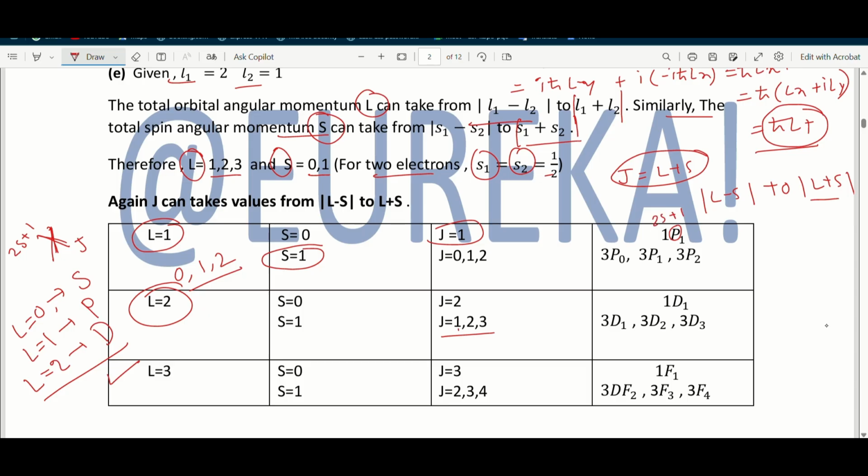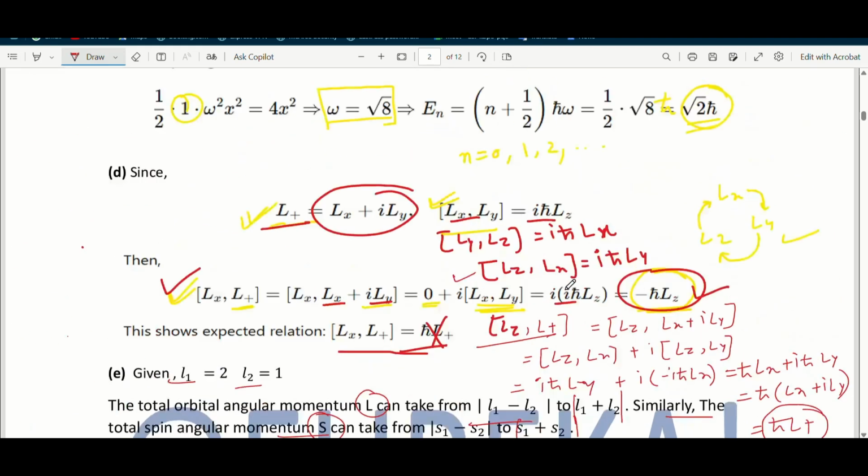S equals 0 here, so 0 into 2 is 0 plus 1, that's why 1 only here, and the subscript is the J value, so J is 1 here. In a similar way we can find the spectroscopic notation corresponding to this L, S and J value. So this will be the probable state corresponding to small l1 equals 2 and small l2 equals 1. Now, next question.